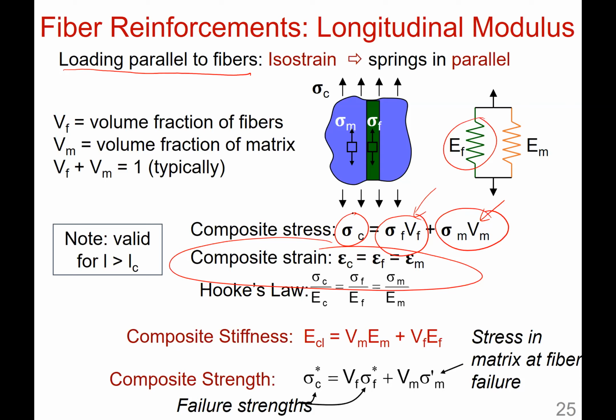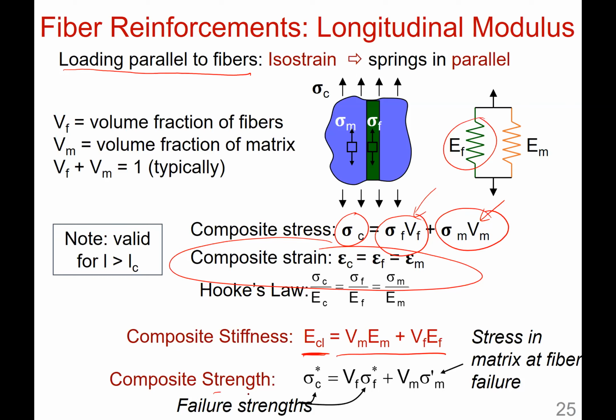So then the stiffness of your composite, E_C in the longitudinal direction, so that's the L, is just the linear combination of the moduli. So that's the rule of mixtures. If it's in the same direction, you just apply that rule of mixtures we were talking about.